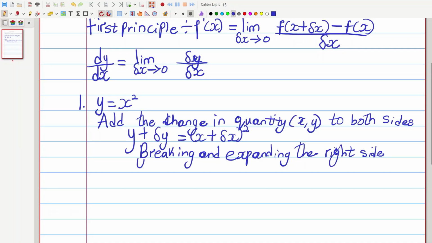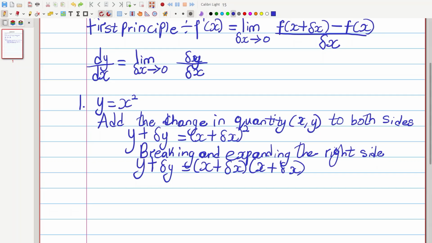So y plus delta y is equal to, to break this, we multiply it 2 times. That is x plus delta x in brackets, times x plus delta x in brackets. This is what it means.